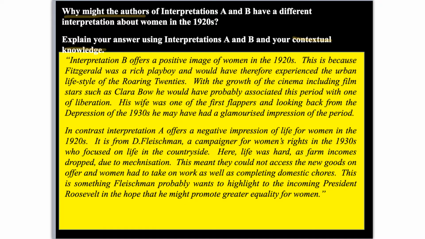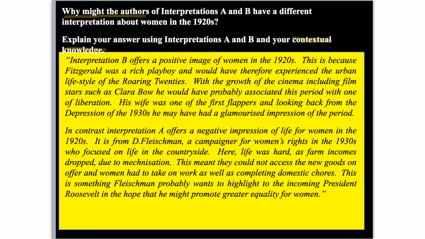Unlike the how differ question, I would tend to deal with one interpretation in turn, so it doesn't really matter which order you focus on, just one interpretation at a time, whereas in the how differ question you sort of mix them into one paragraph for both interpretations, if you like.